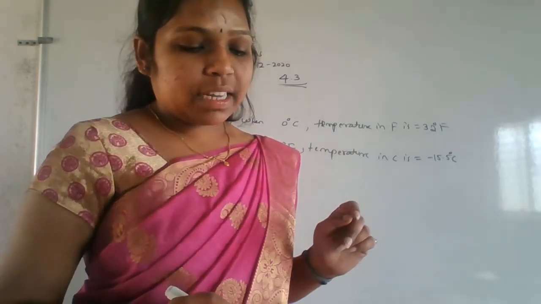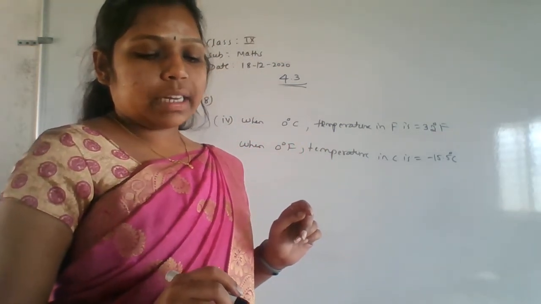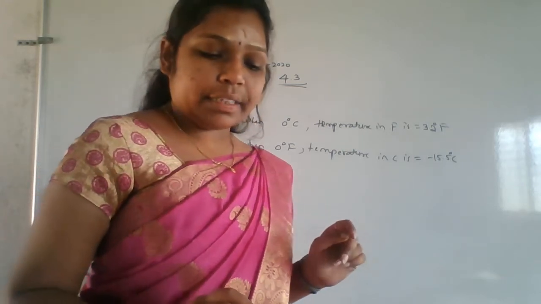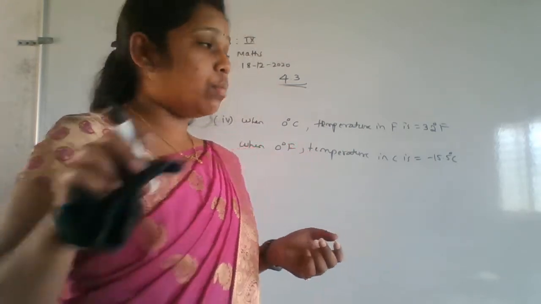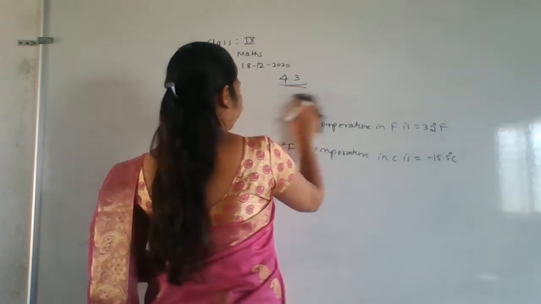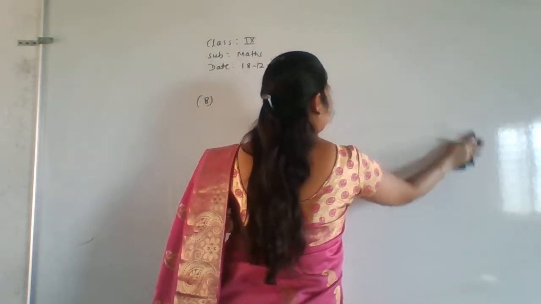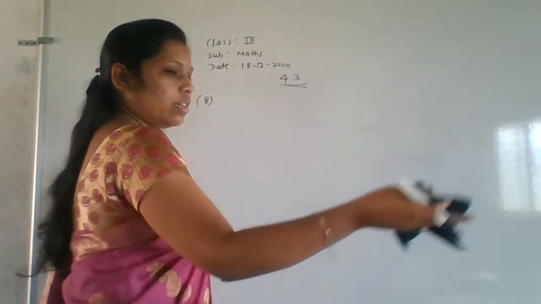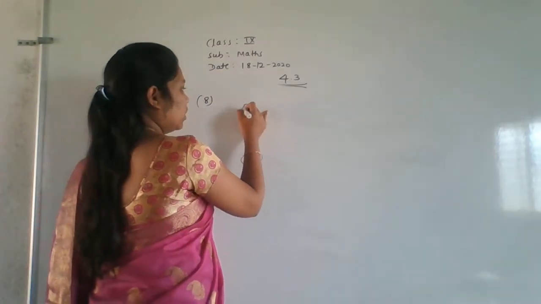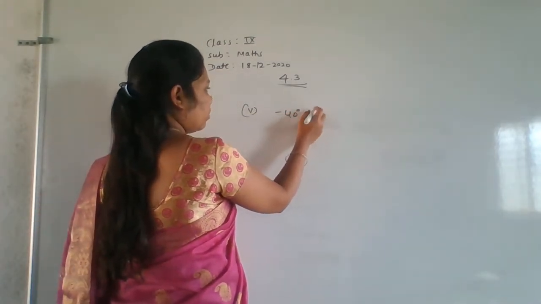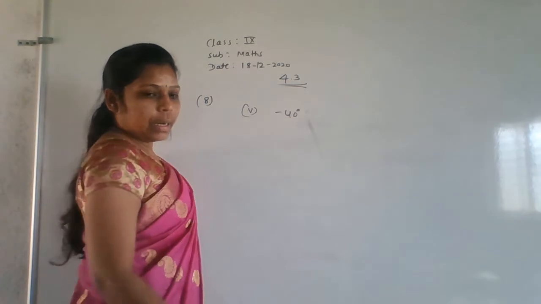Next, the fifth one. Is there any temperature which is numerically the same in both Fahrenheit and Celsius? Yes, of course, both are the same. Why? See, that is for minus 40 degrees.